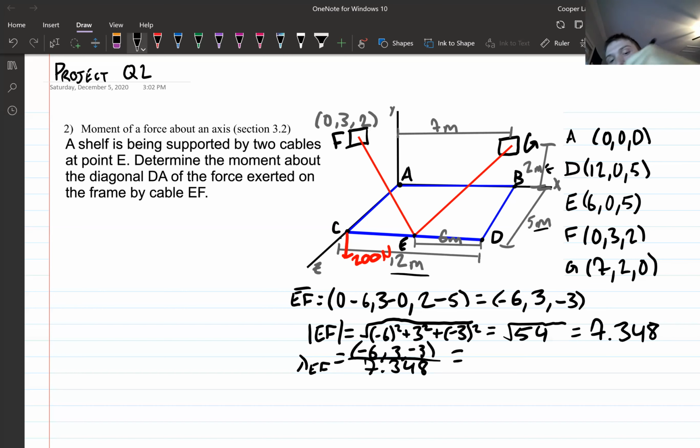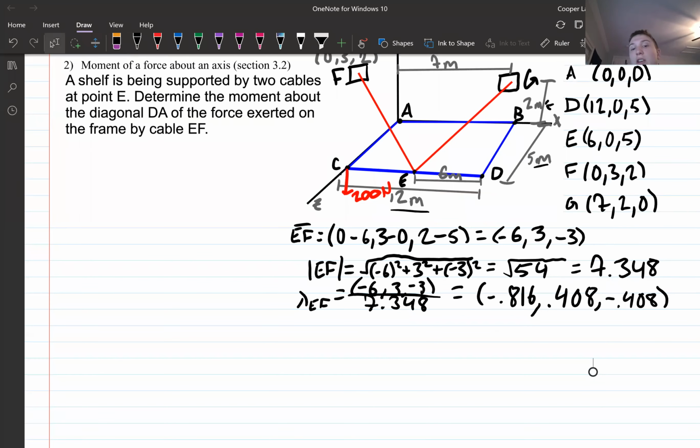So now when I multiply out and do all my division for each point, I'm going to end up getting negative 0.816, comma, 0.408, comma, negative again, because it's negative 3, 0.408. So now I'm going to work on EG.